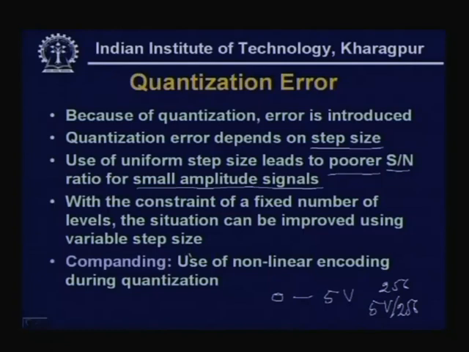That can be improved by using a variable step size, by a technique known as companding. It is essentially a technique by which we introduce nonlinear encoding. That means, whenever the signal amplitude level is low, we use a smaller step size so that we get better accuracy. On the other hand, when the amplitude level is high, the step size can be higher. So, that is precisely what is being done in this case.